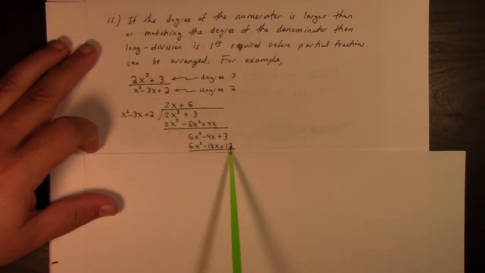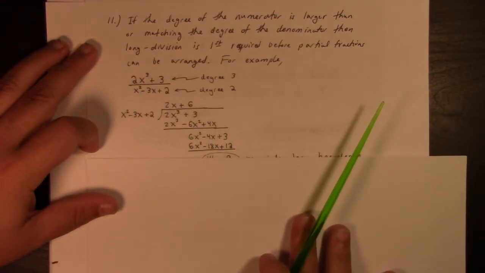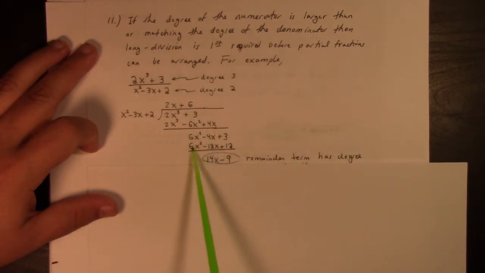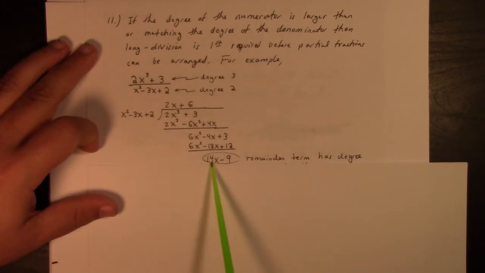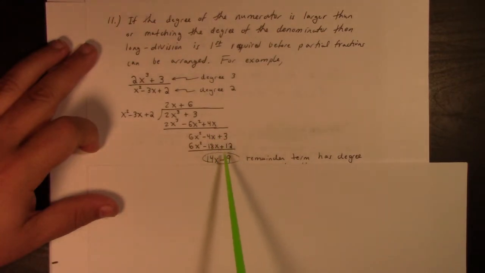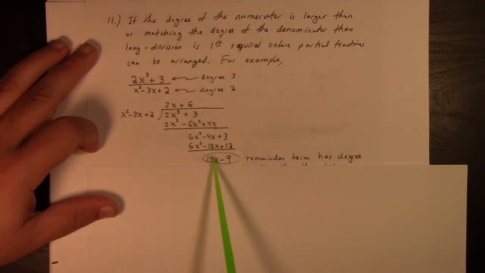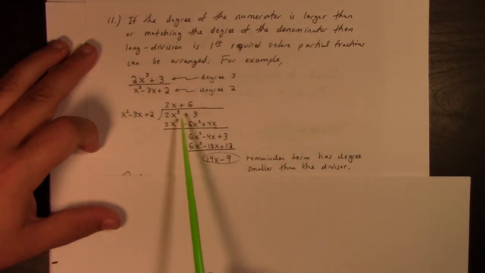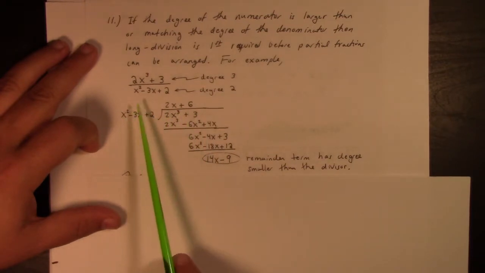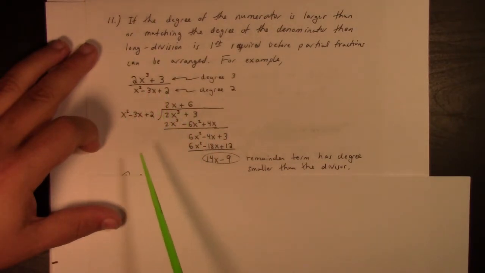So I get 6x squared, 6 times minus 3 is minus 18, 6 times 2 is 12. I subtract the second one from the first, and these cancel, and then we get minus 4x plus 18x, which is 14x, and 3 minus 12 is minus 9. So 14x minus 9 is the remainder, and the remainder term has degree smaller than the divisor, which in this case is x squared minus 3x plus 2, and so that means we're done.